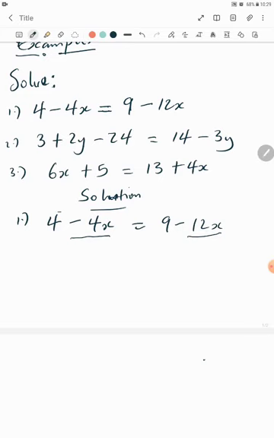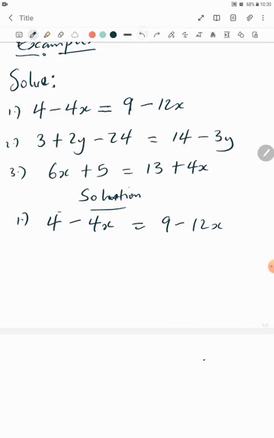Whatever looks like one another in an equation should be brought together so that you can treat them together. You can see which numbers are actually matched with x. We have minus 4x here, we have minus 12x here. So they're the ones that consist of x. These 9 and 4 are just ordinary numbers, and they will go with each other. So it's very important that you note that.